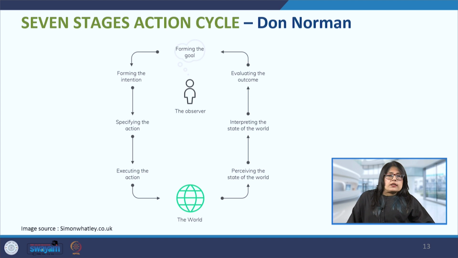Now, affordance is how the object appears to the user, or what function it should serve. For example, a chair affords to be sat in, or a doorknob affords to be rotated or turned or pulled. The door handle needs to be pulled.